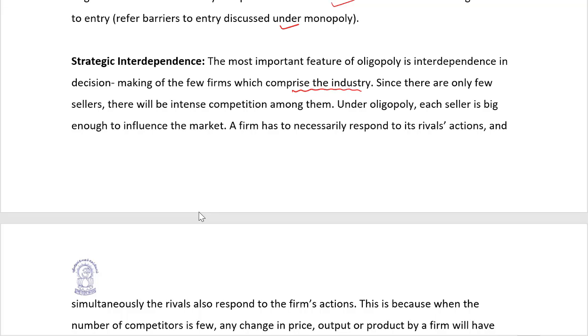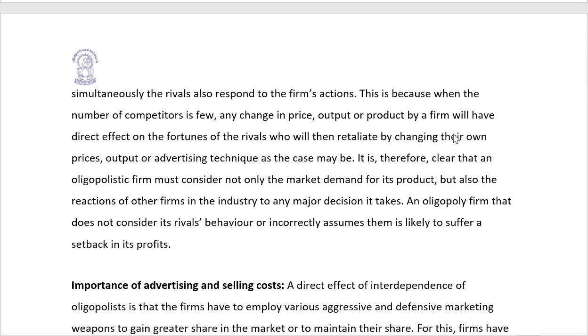Since there are only a few sellers, there will be intense competition in the market, and under oligopoly, each seller is big enough to influence the market. A firm necessarily responds to the rival's action, and simultaneously the rival also responds to the firm's action.